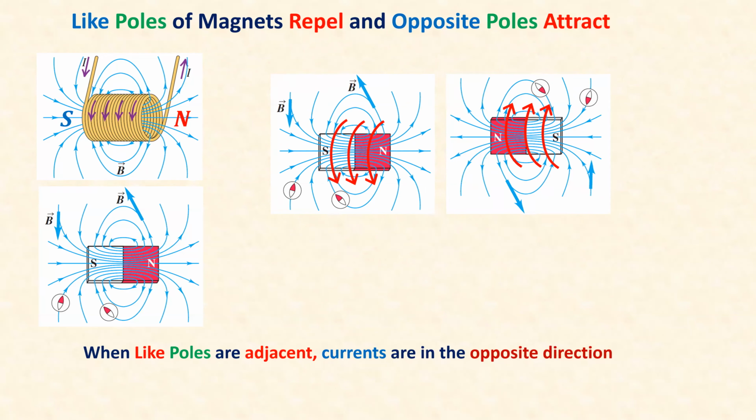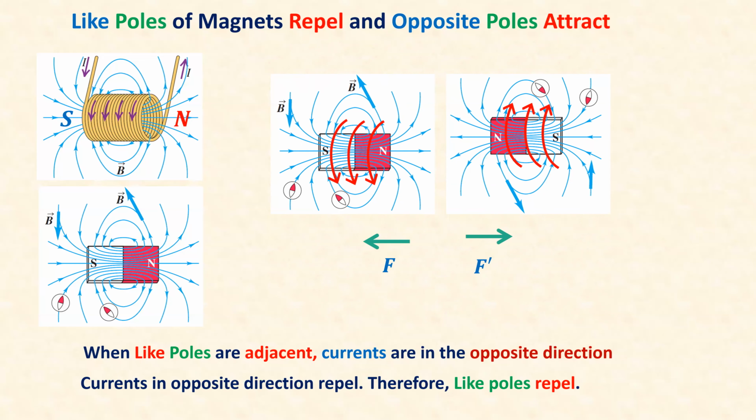So when like poles are adjacent, currents are in the opposite direction. Currents in opposite direction repel, therefore, like poles repel each other. So I hope this shed some light on why magnets behave like that. All right, any questions?